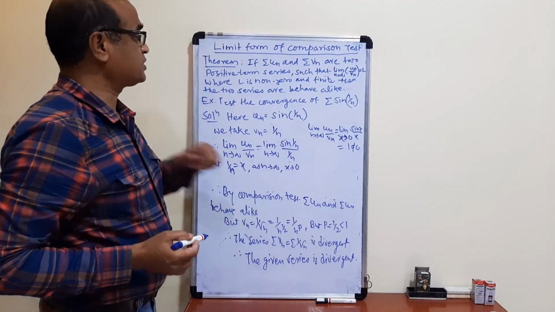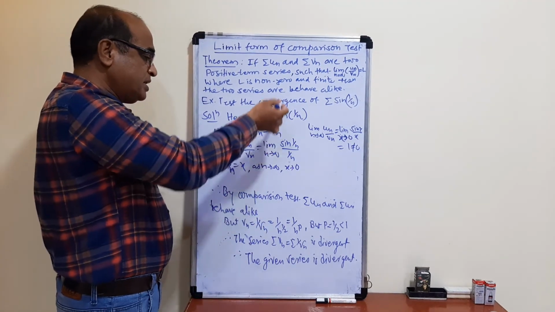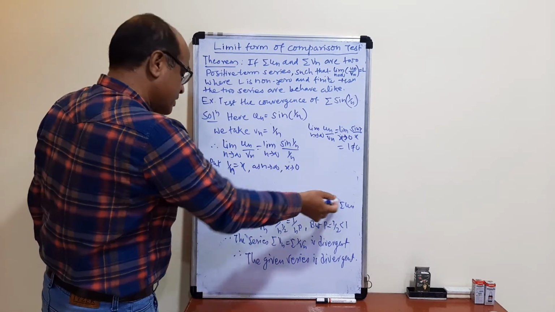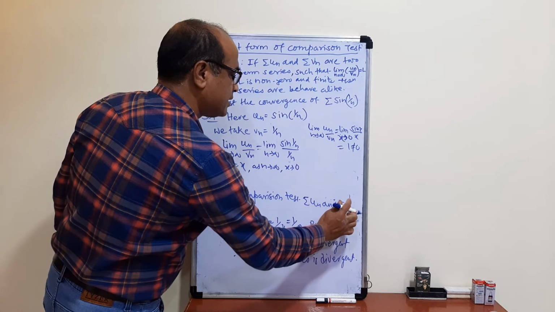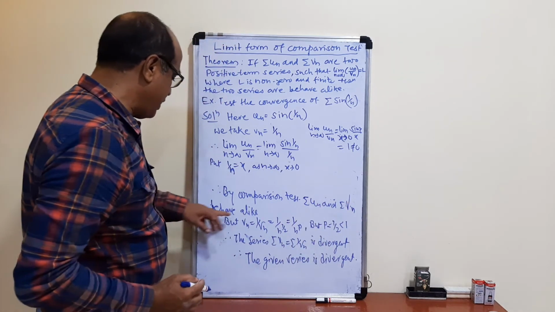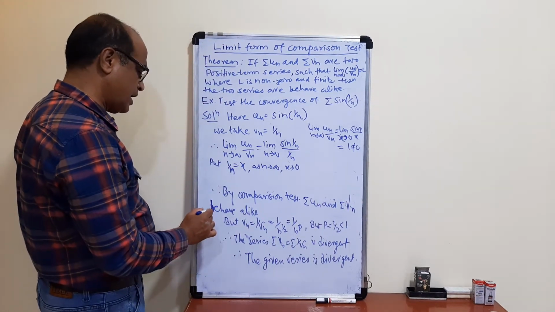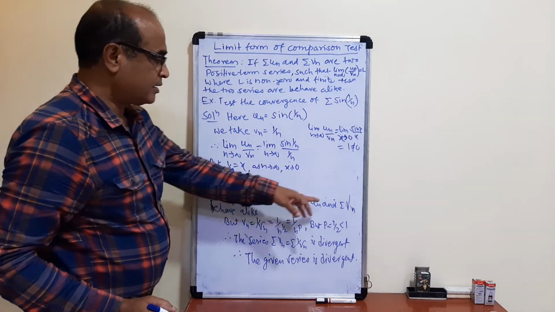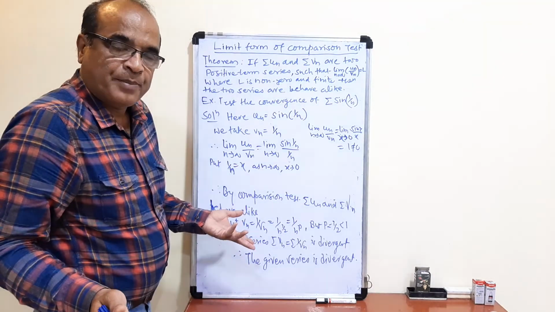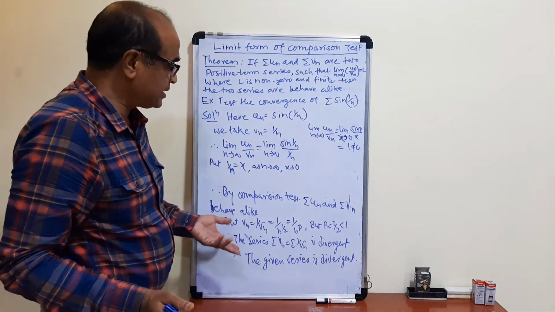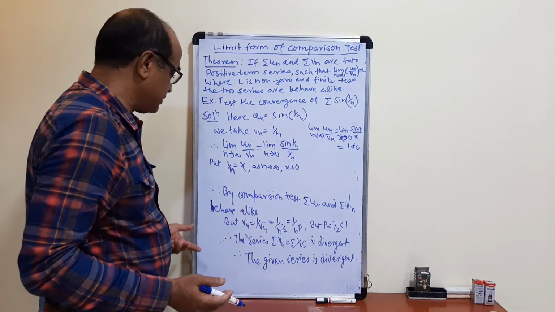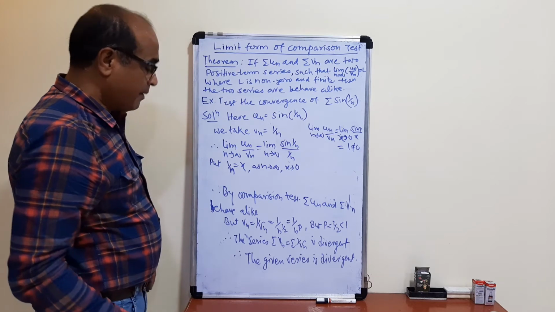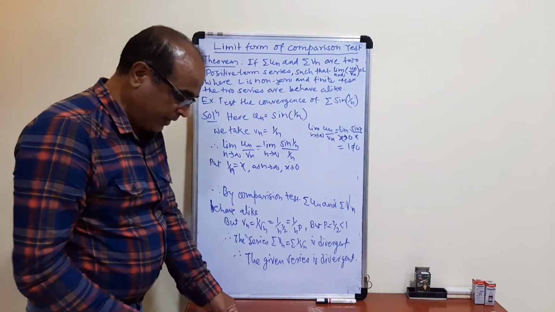By the comparison test, both series summation un and summation vn behave alike, meaning in the sense of convergence and divergence, both series are the same.